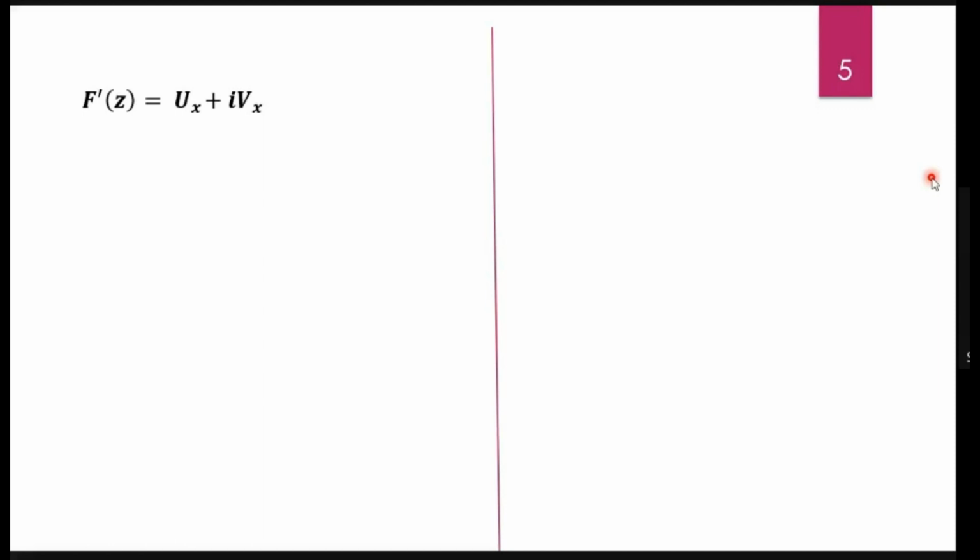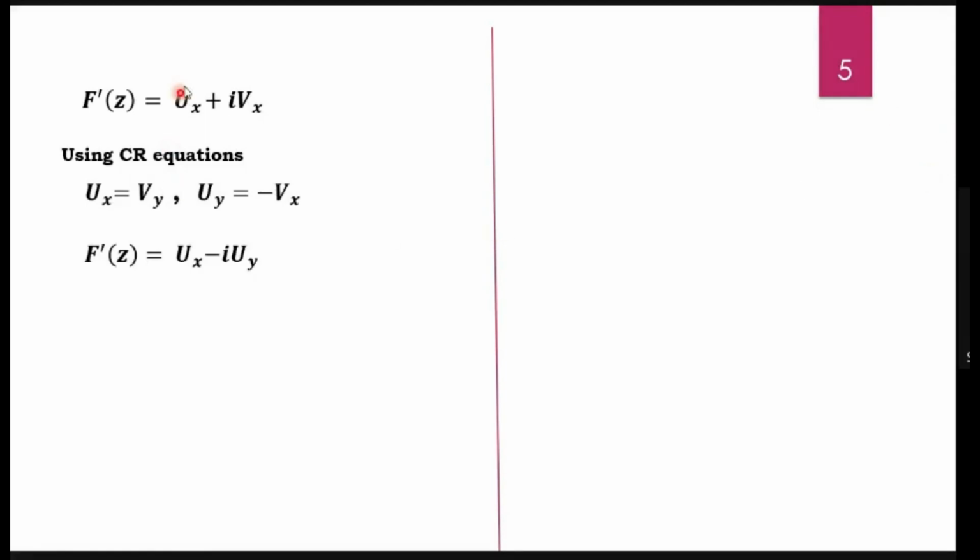We are not having vx with us, so we will use CR equations and convert vx to minus uy. ठीक है, तो हमें क्या करना है, यहाँ पे हमको ux पता है लेकिन vx नहीं पता है, because we are having ux and uy. So now we are converting vx to minus uy. So I've written vx as minus uy, substituting for ux and uy.